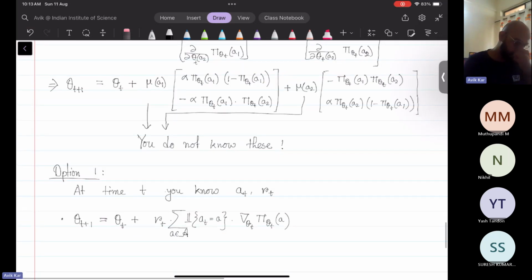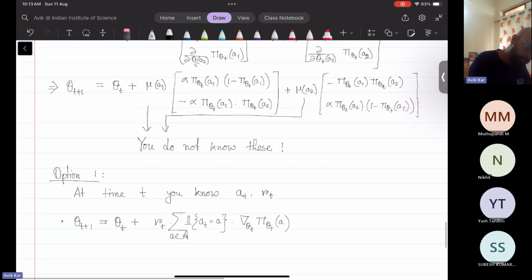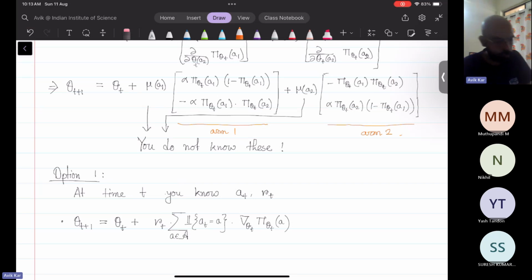So if you choose arm 1, in this case, you'll choose this gradient. If you choose arm 2, you'll choose this gradient. Not both of them together, and you cannot weigh them, because you have only one sample. You are considering only one sample.